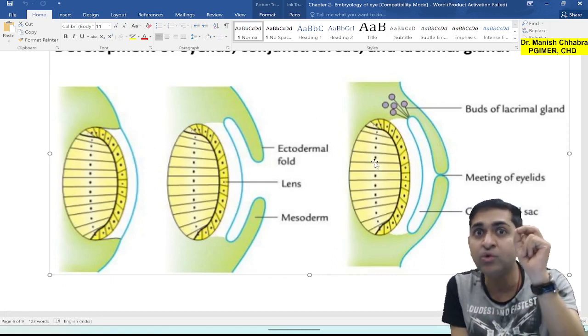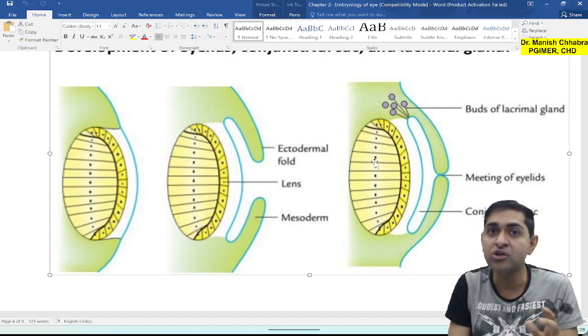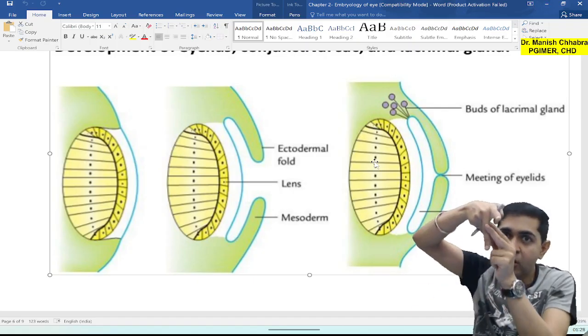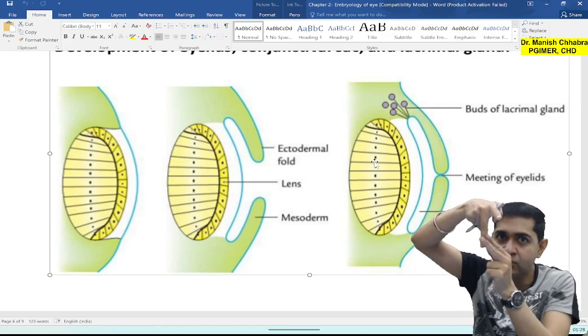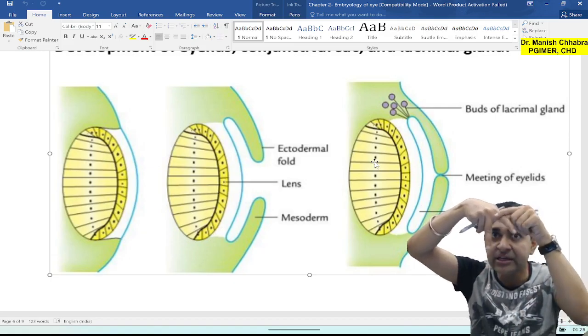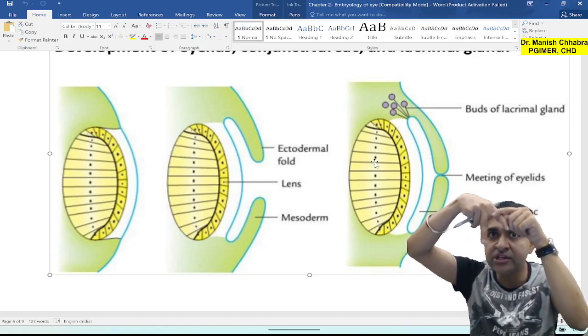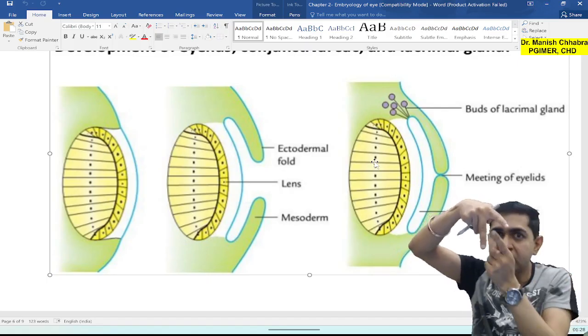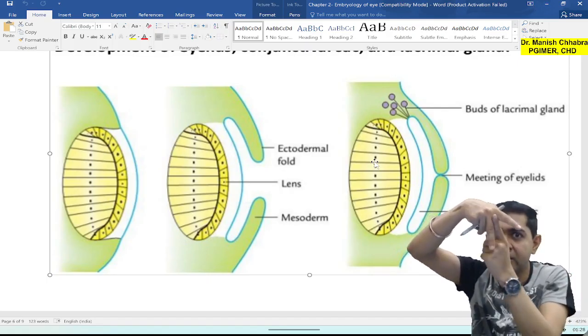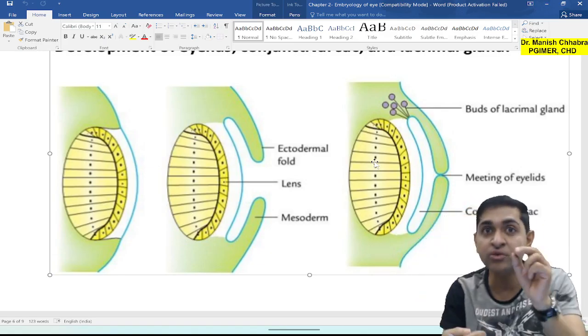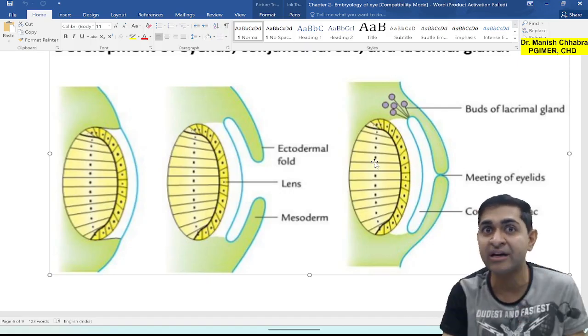If I may ask you, what forms the lacrimal gland? This is the normal cornea which is formed from surface ectoderm, and this is the ectodermal fold which is coming forward. There is a junction where the lacrimal gland is formed, as you can see the buds of the lacrimal gland.